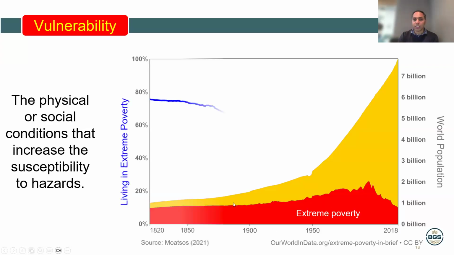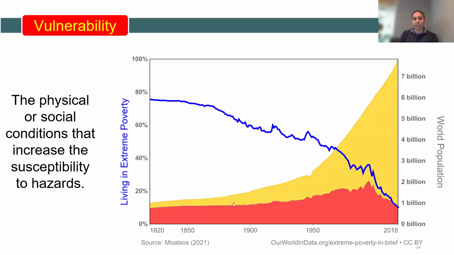But as a fraction of the total population, it shows this really, really dramatic and wonderful story that in 1820, 80% of the world could not feed itself on a daily basis. And that number has more or less systematically been going down to around 700 million, or 9% of the world now. And this is one of the greatest news stories that I wish more people knew about.